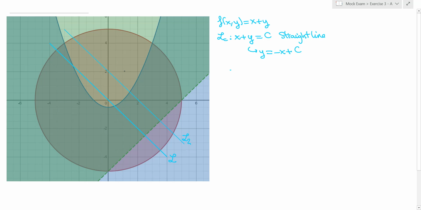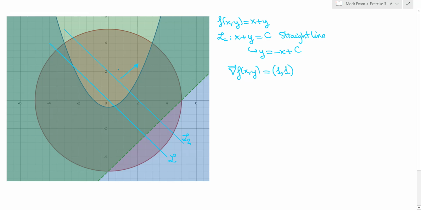You can see that the direction of growth is perpendicular, and in fact, since it's a straight line, it's given by the gradient. The gradient at any point is always the same. Partial derivative with respect to x is 1, partial derivative with respect to y is 1. So it's a vector that goes 1 unit to the right, 1 unit upwards in the y direction, for all points.